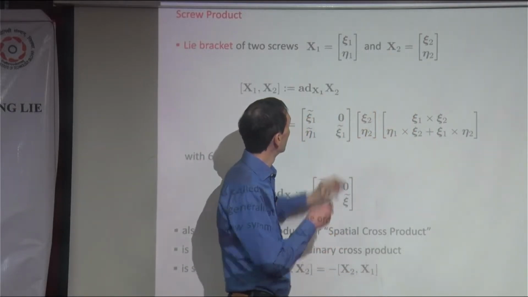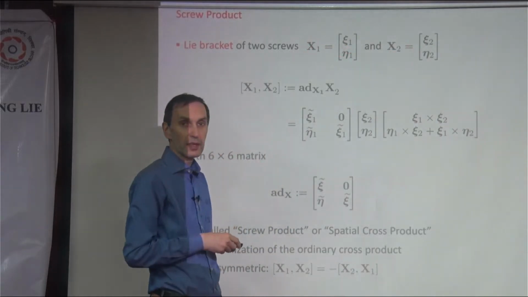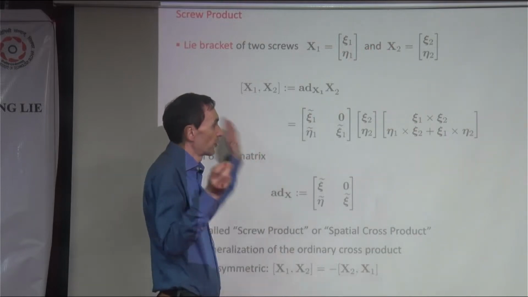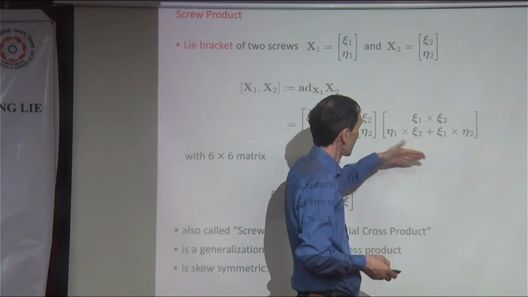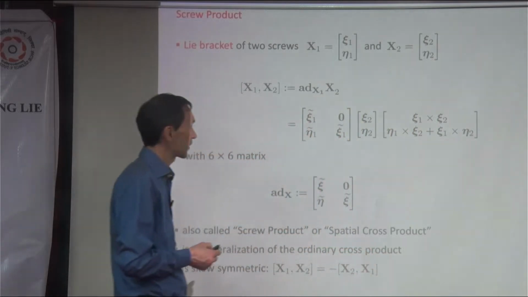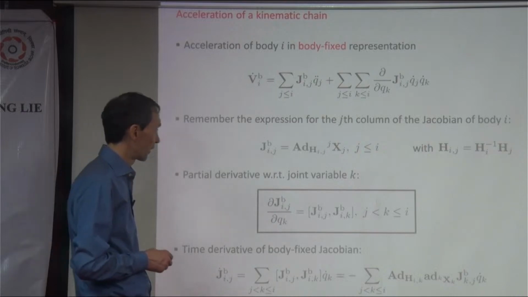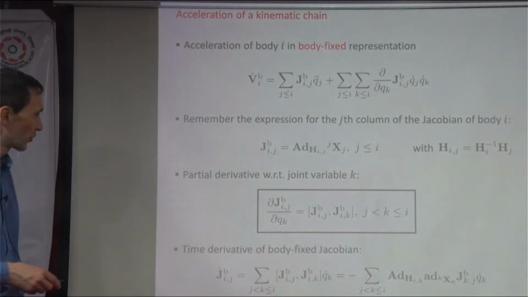If x1 and x2 are now column j and column k, the expression is the same. You just take the cross product of the first part and the cross product of the first and the second, and that's it. There's no complicated symbolic manipulation involved, it is easy to implement, and this is what's used these days.